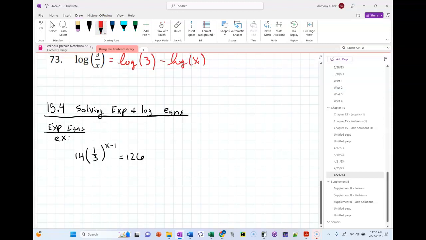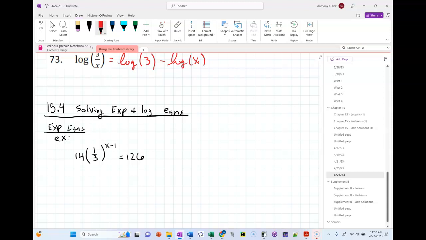So let's say we have one that looks like this, where I have an x in just one place. One technique I can try to use is to rewrite this equation so that the two sides of the equation have the same exponential base. In this case, they'd both be base 1/3.